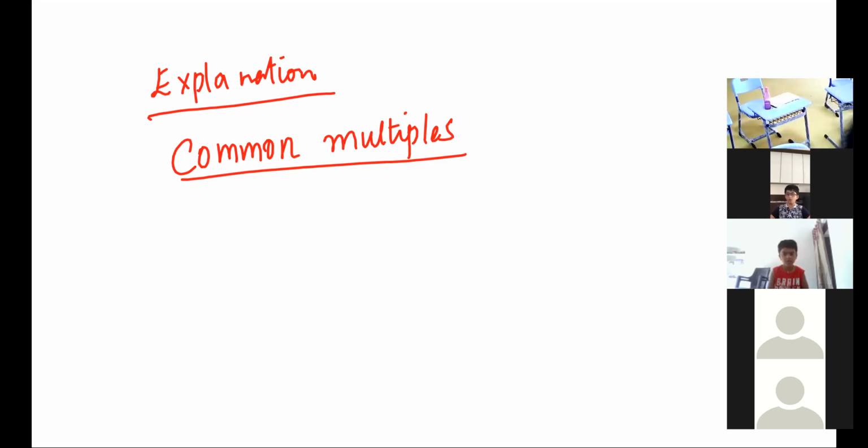Let us take 2. Let us find the first 10 multiples of 2. Tell me, Rohan, the first 10 multiples of 2.